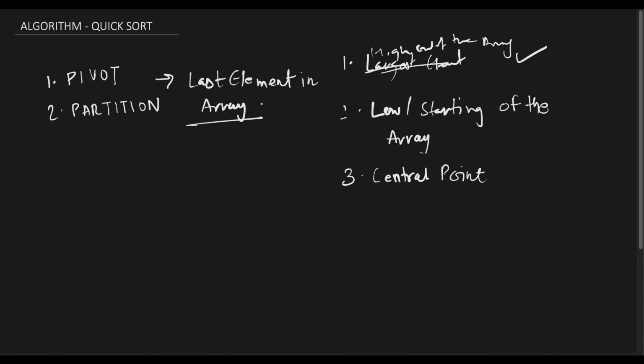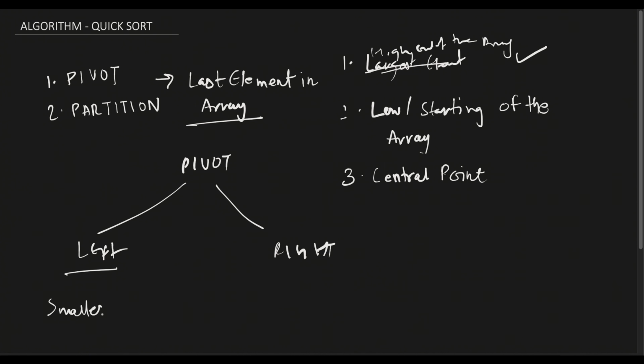Using this element we keep dividing the array. I take this pivot element, and using it we divide the array into left and right parts. If an element is less than the pivot, it goes to the left-hand side, and if the elements are greater, they go to the right-hand side.